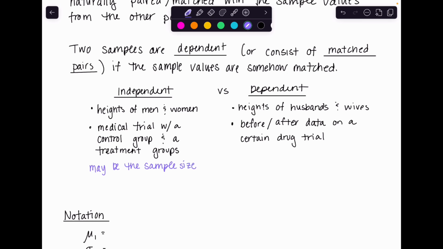When you're dealing with dependent data though, because there is a matching, these must be the same sample size. Each data is matched up, so it's going to be the same for both, okay?